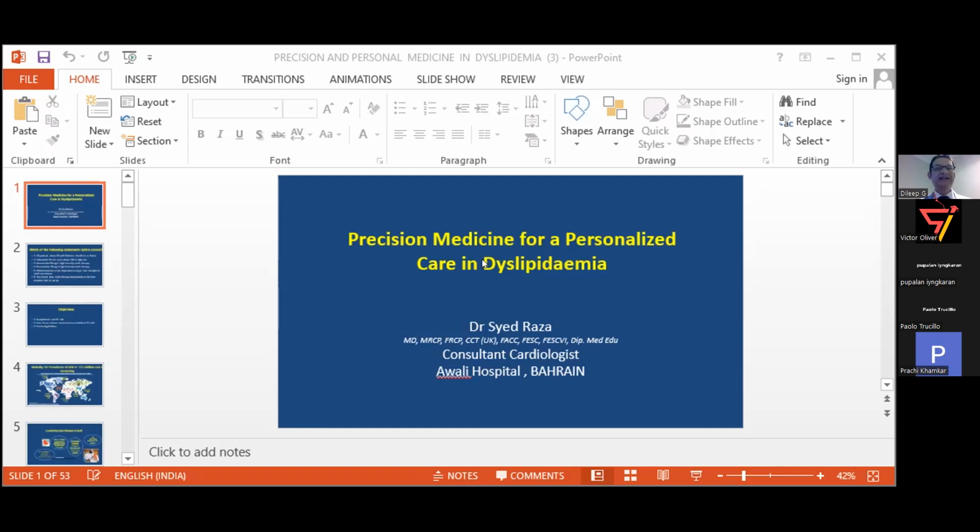High intensity statin has the potential to decrease your LDL level by 50%, and there are 2 statins with their dosages: atorvastatin 40 or 80 milligrams, or rosuvastatin 20 or 40 milligrams. Moderate intensity statins are those that will bring down your LDL level by anything from 30% to 50%.